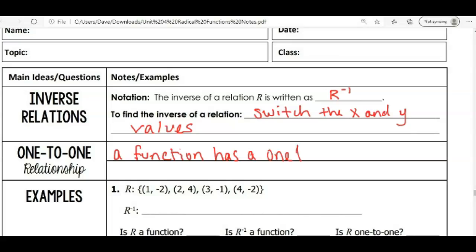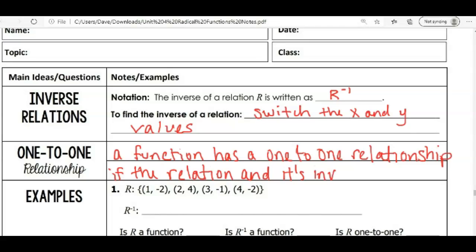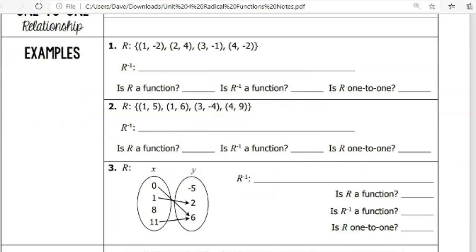So we're going to make sure, first of all, that whatever relationship we're looking at, whether it's a graph or a set of coordinates, that that's a function. And then we're also going to make sure that when we look at the inverse of it, so we switch the x and y values of everything, it is indeed a function as well. So these are going to be the things we're looking for. We're going to go through a few examples, and then you'll get a chance to practice that.